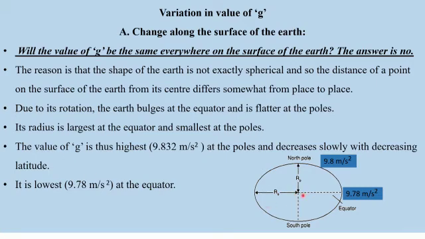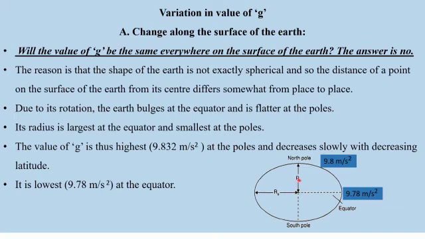So if an object is at the poles, it will be at a lesser distance to the center of the Earth, whereas an object which is at the equator will be at a greater distance from the center of the Earth.